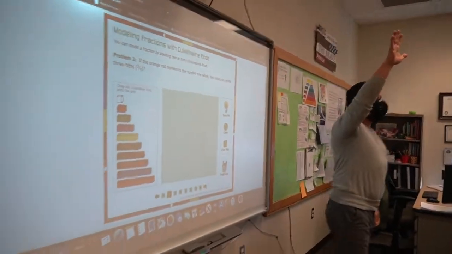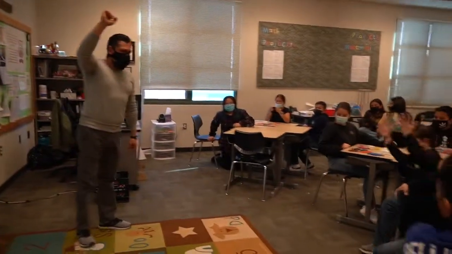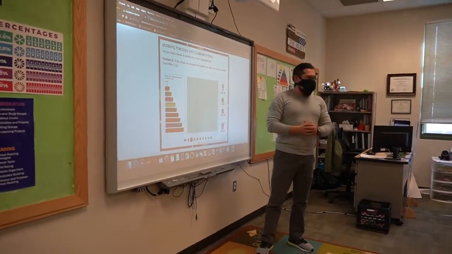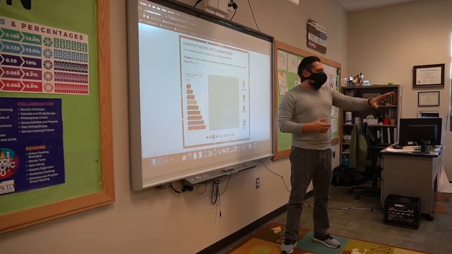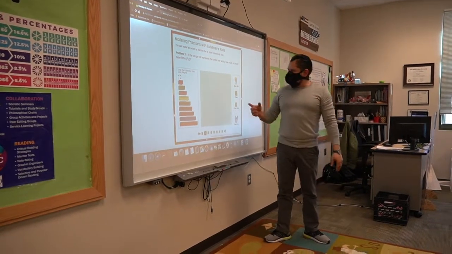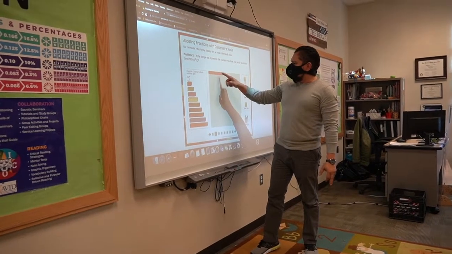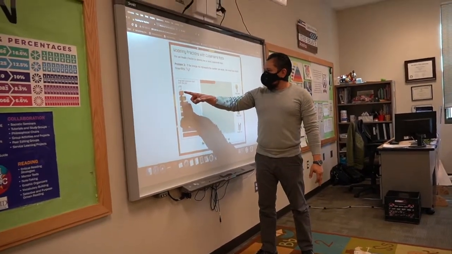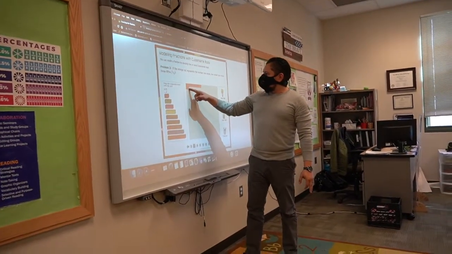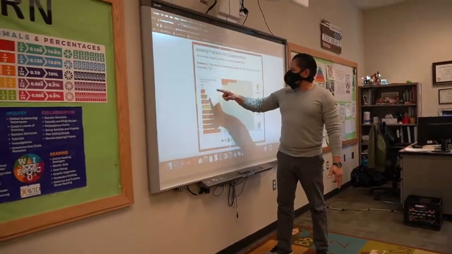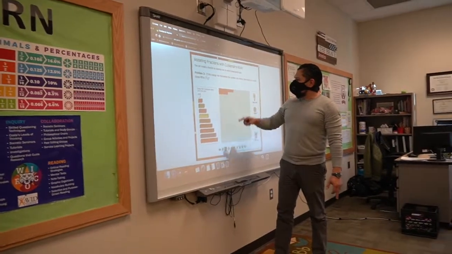Okay, 1, 2, 3. All eyes on me. 1, 2, eyes on you. Awesome. Okay. So, from what I heard, some of the teams over here, they mentioned that, well, if the orange rod represents the whole, 3 red rods would represent 3/5.